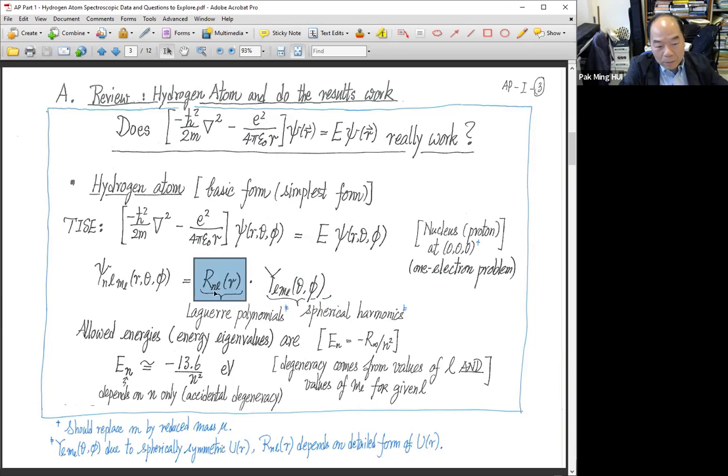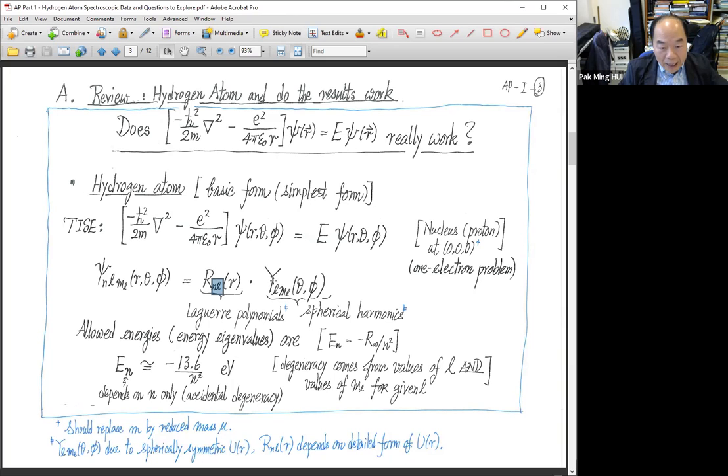For the Coulomb form, you get these Laguerre polynomials. They are special functions in mathematical physics, but you can look them up in a table. The key point is that for a three-dimensional problem, generally you need three quantum numbers. You have n and l determining the energy in general.